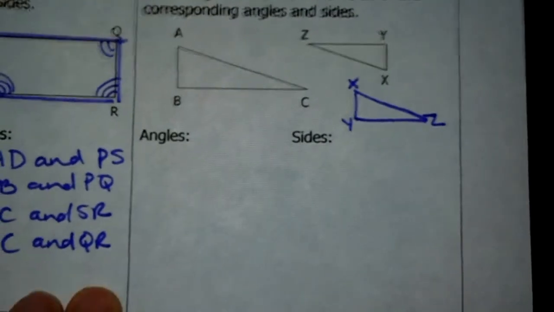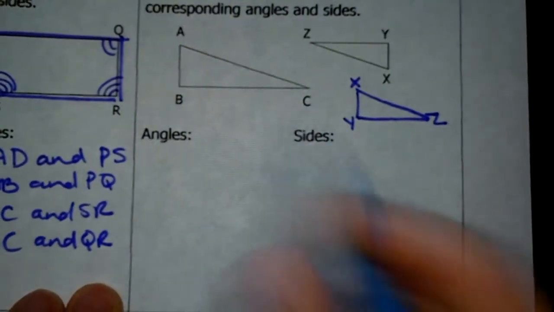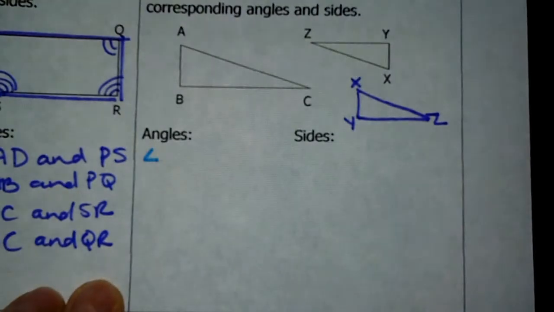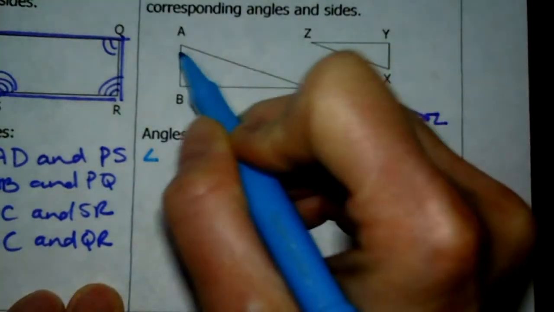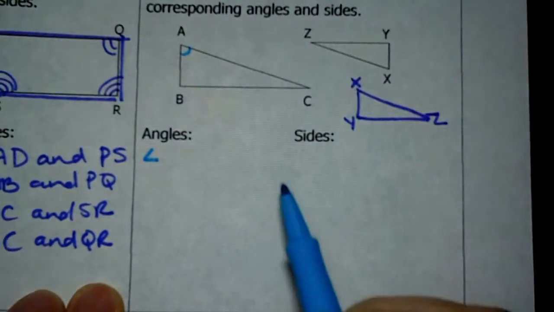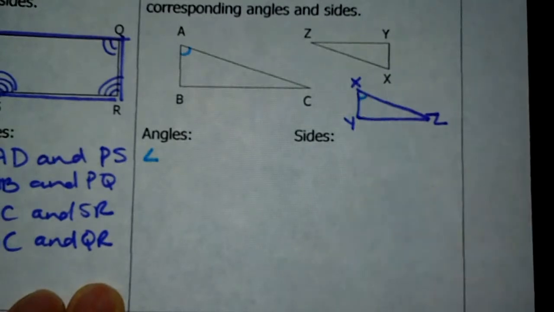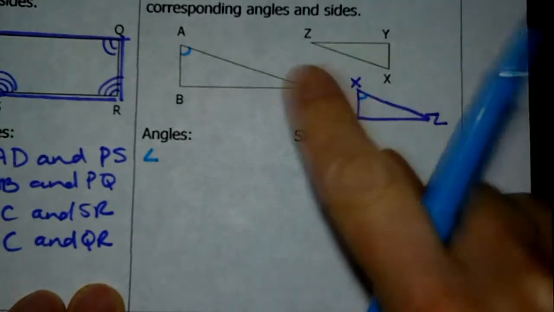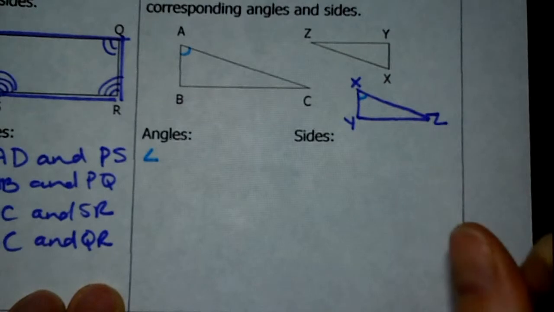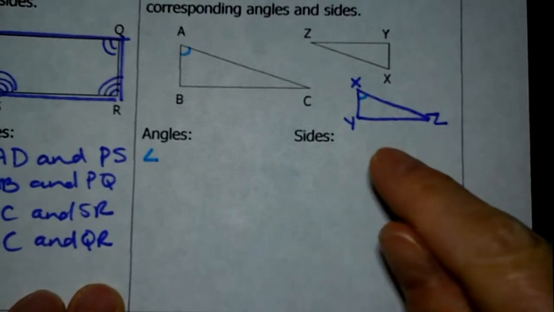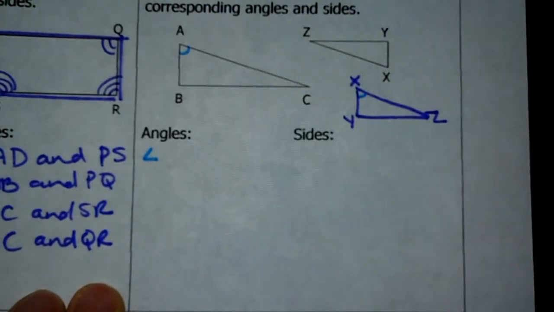Okay, let's start by listing all the angles. And remember, when we list our angles, we have to use a little angle sign in front of it. So right here, this angle A is going to match up with angle X on this shape, which is in the same position. Again, if we were looking at this shape, it might be a little bit more difficult to identify that. But by redrawing it the exact way that the other one is listed out, it's helpful.